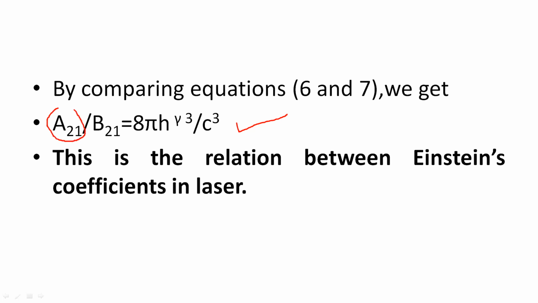A21 is the probability of spontaneous emission. This is the probability of stimulated emission. So this ratio is proportional to nu cube, the frequency cube. All other things are constant: 8 is constant, pi is constant, h is constant, and c is constant.